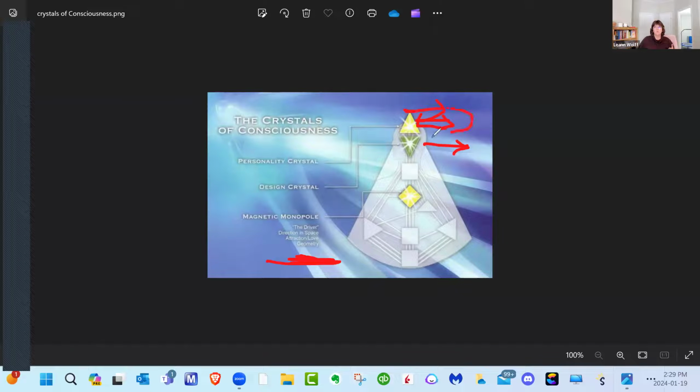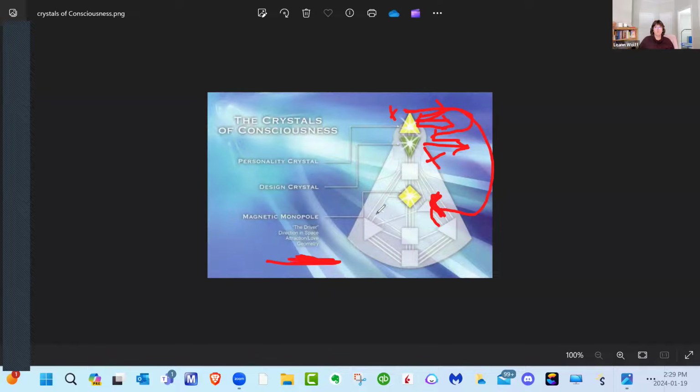It witnesses the body and the life experience, because that is what the monopole is doing for us. It is holding together the design, the physical body, the vessel, the vehicle, the body brain system, with this personality, with this animation feature. It's animating, but it's also witnessing while it's animating. And that's what this monopole does.